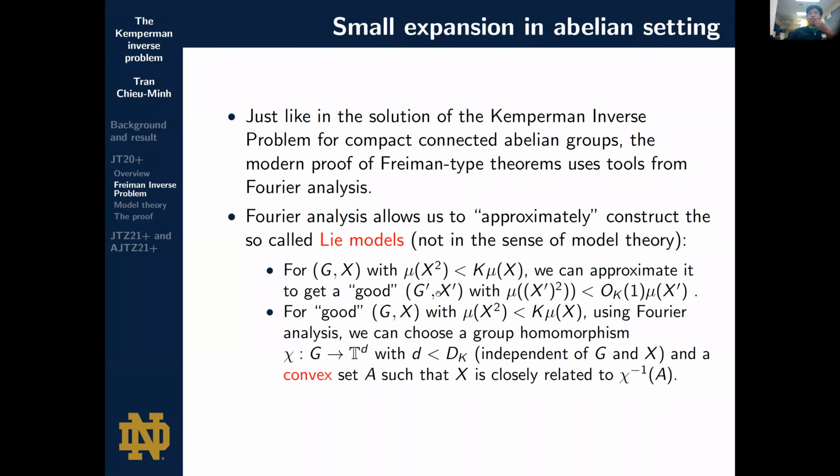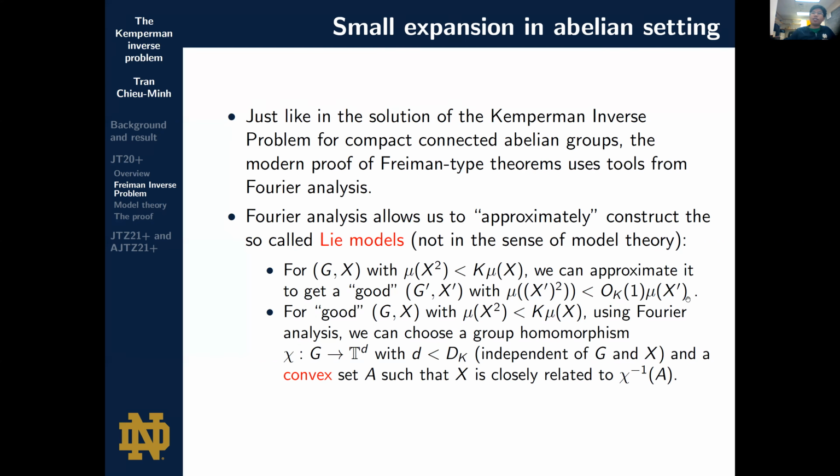So what does it say? First of all, starting out from a group G with a set X, let's assume that the measure of X squared is smaller than K times the measure of X. First of all, there is this argument called the good model argument, which allows us to approximate it with a closely related pair G prime, X prime that also satisfies a related condition, right?